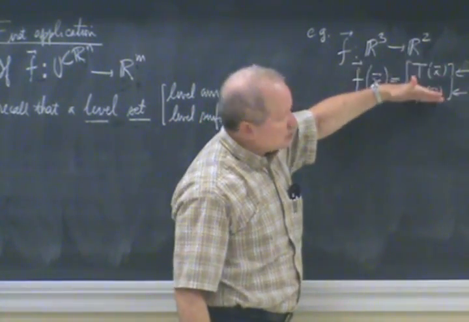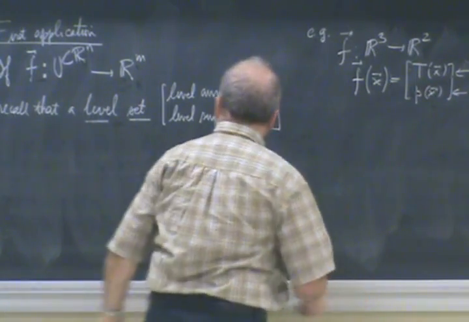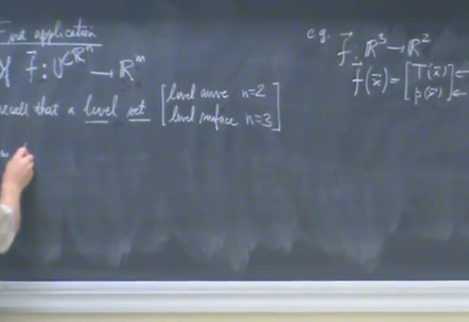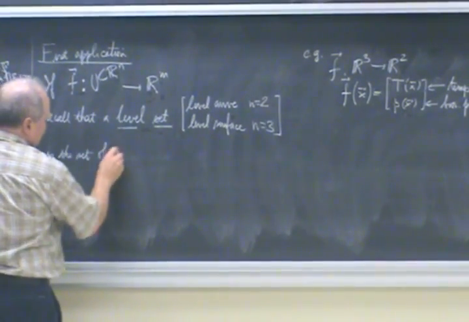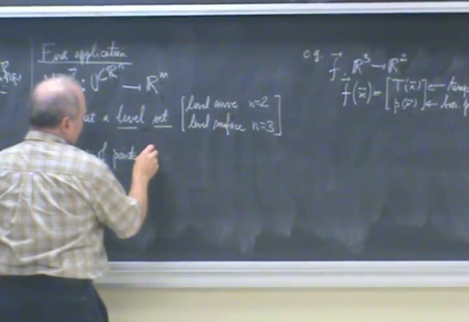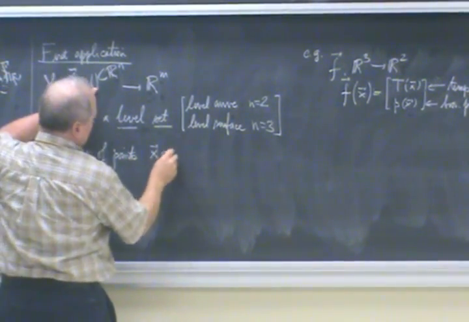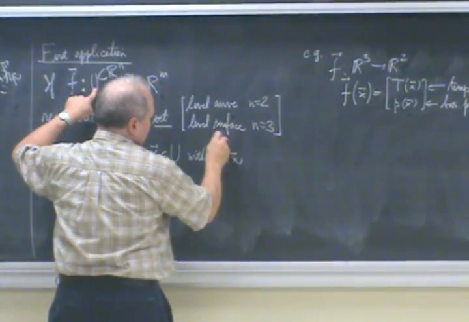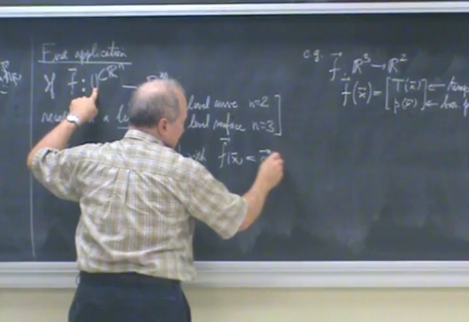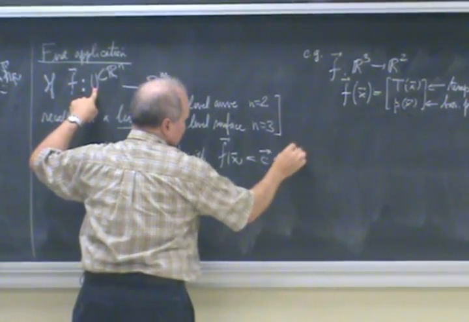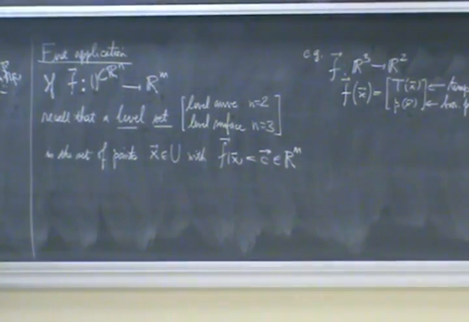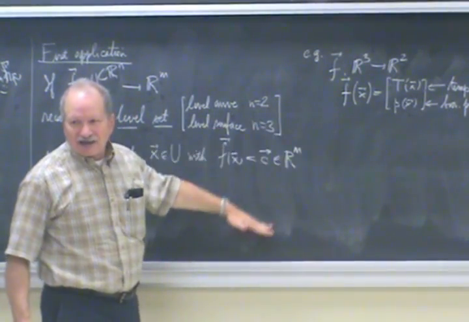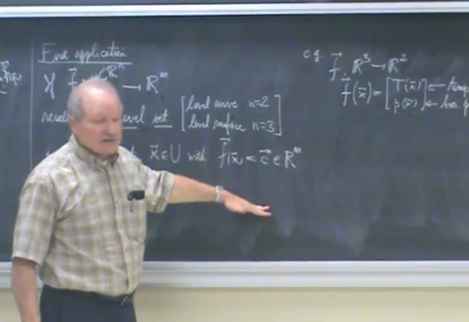That's where both functions would have a constant value. So a level set is the set of points x in the domain with f of x equal to some constant, fixed vector in Rm. And then what's interesting to do is vary the constant and look at the different sets.